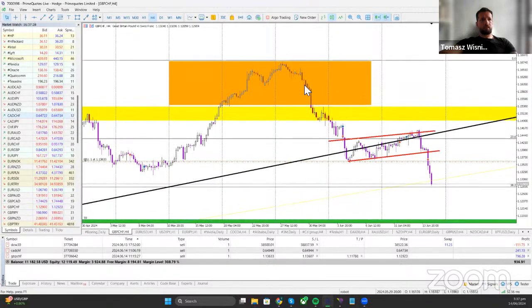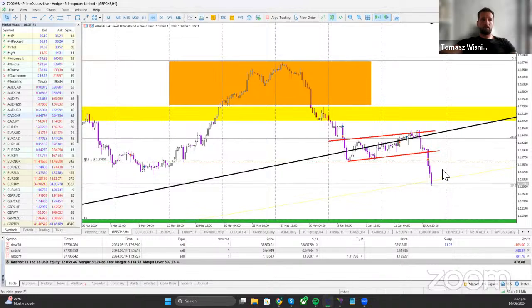Another example is here, this British pound to Swiss franc drop. Here it wasn't a rectangle, it was a flag. Flag is a rectangle, but with a little angle. And then we broke the lower line of this flag, and then the price is collapsing. It will not go straight away to this support like a waterfall.